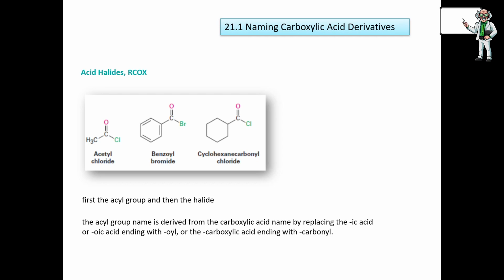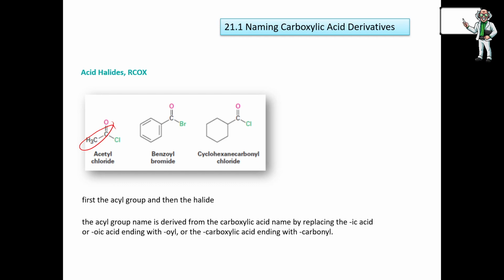Basically, we name this compound by taking the chain with the major number of carbons that contains the acid halide, okay? And we name, for example, this one will be ethan, okay?